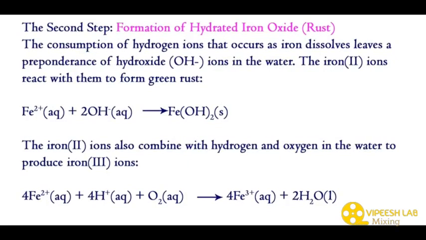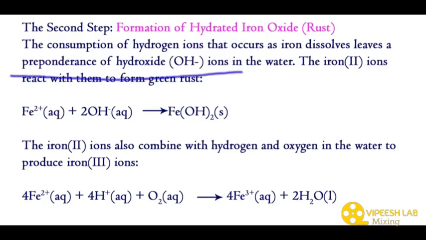We already learned that iron 2 ions are formed along with the water. Now looking into the second step, formation of hydrated iron oxide, in other words rust. The consumption of hydrogen ions that occurs as iron dissolves leaves a preponderance of hydroxide ions in the water.